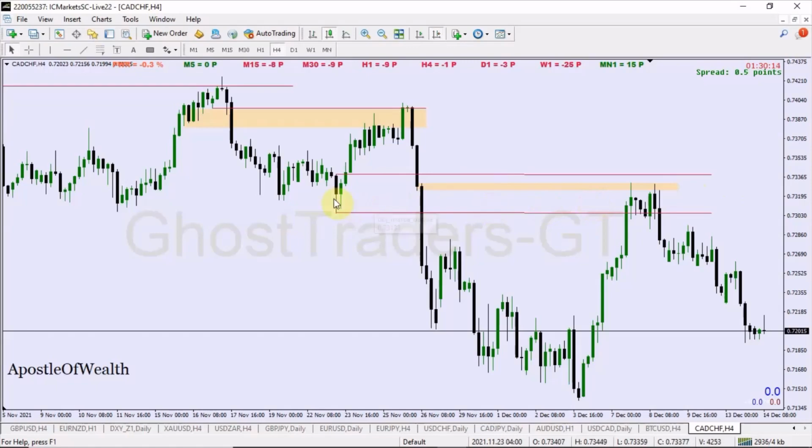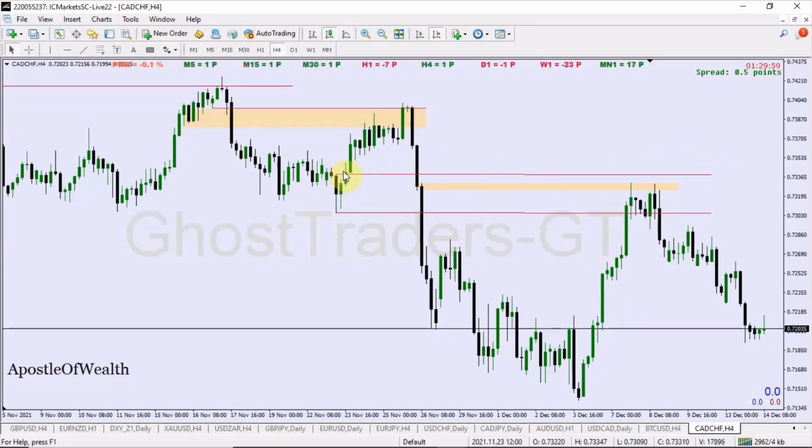We expect price to move within this area here, but never to take out this high here, okay? So this is gonna be our stop loss, 5 pips or 10 pips away from this high here.